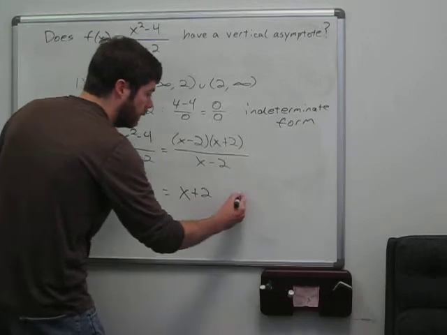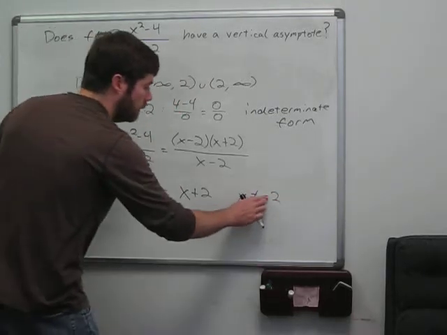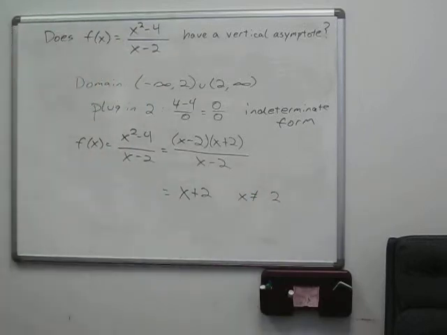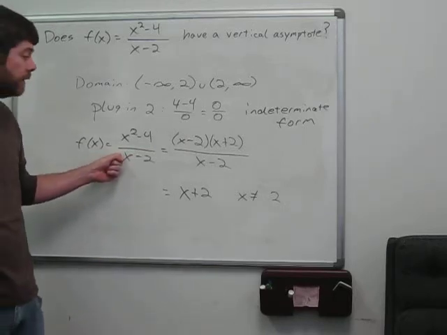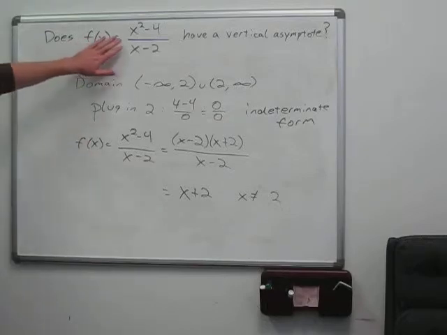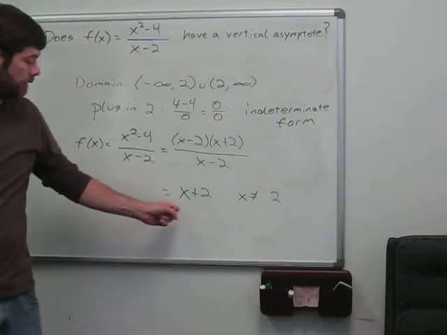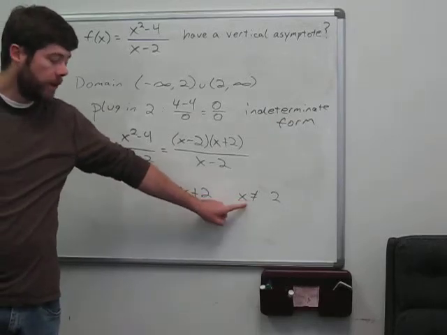And this equality holds, of course, as long as x is not equal to 2. Just because we cancel does not wash away our problems in the denominator from the start. We have to keep in mind that x cannot equal 2 in this function. So our rational function here is really just the line x plus 2, except when x is equal to 2.